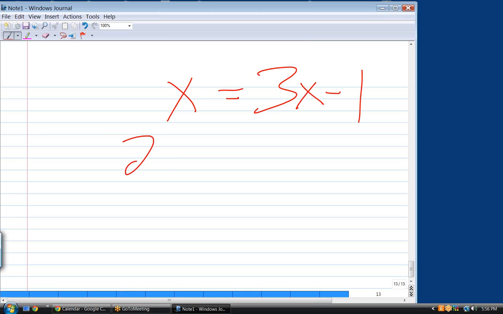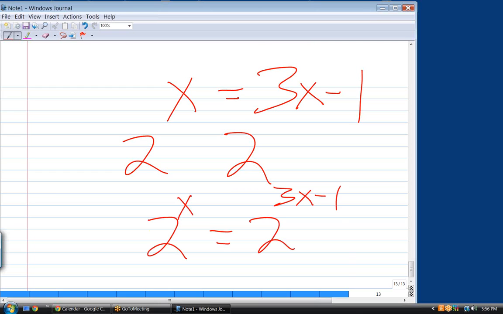I can make that power of 2 and that power of 2. In other words, I can say 2 to the x must equal 2 to the 3x minus 1. That's called exponentiating both sides, where you take the left side and you make it the exponent of whatever number you want, and you take the right side and you make it the exponent of whatever number you want.